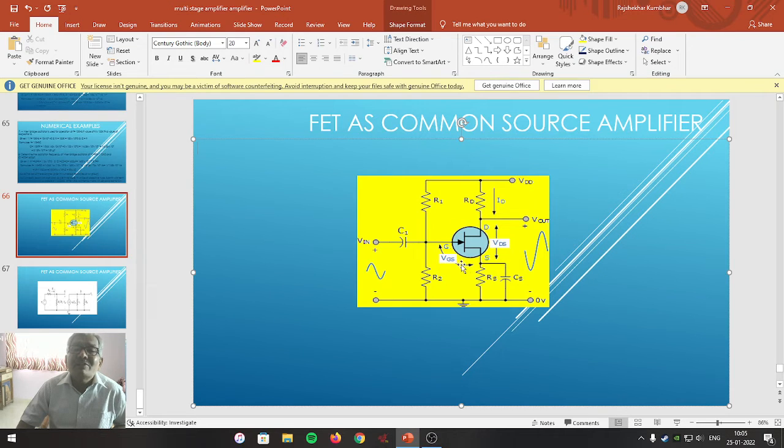It is represented symbolically. We are well aware that the terminal on which the arrow is there is treated as the gate, whereas this one is the source and this one is the drain. The substrate is not connected in most of the applications. It is obtained from the substrate.